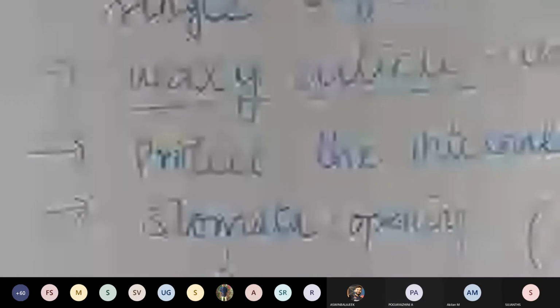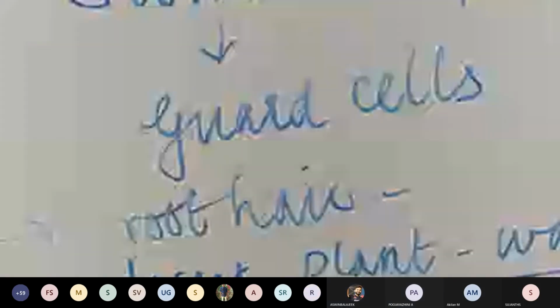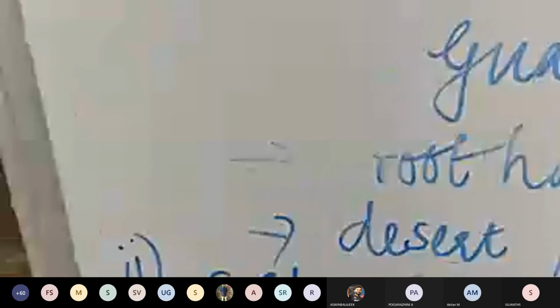Permanent tissues are developed from the secondary meristem. The meristematic tissues mature and change into old cells or dead cells. Then they settle in the form of cork.